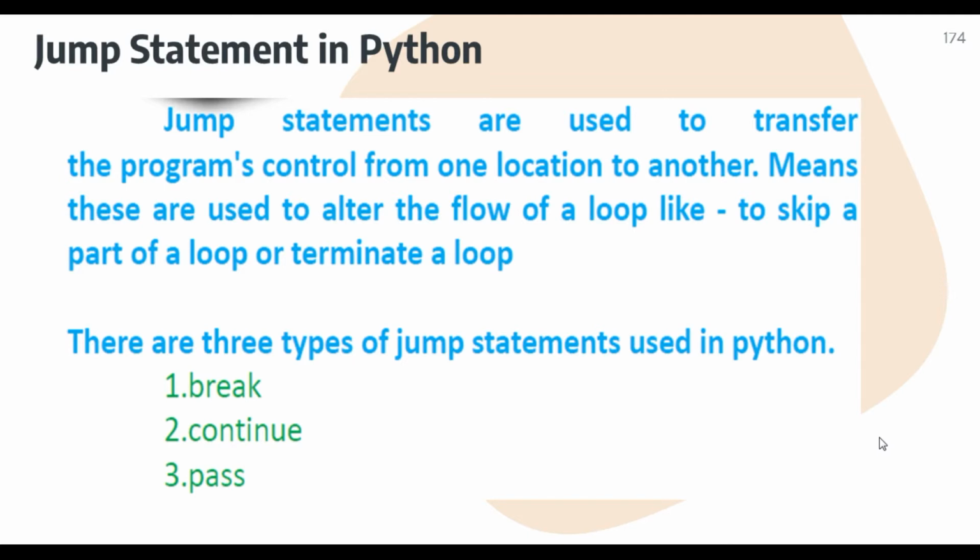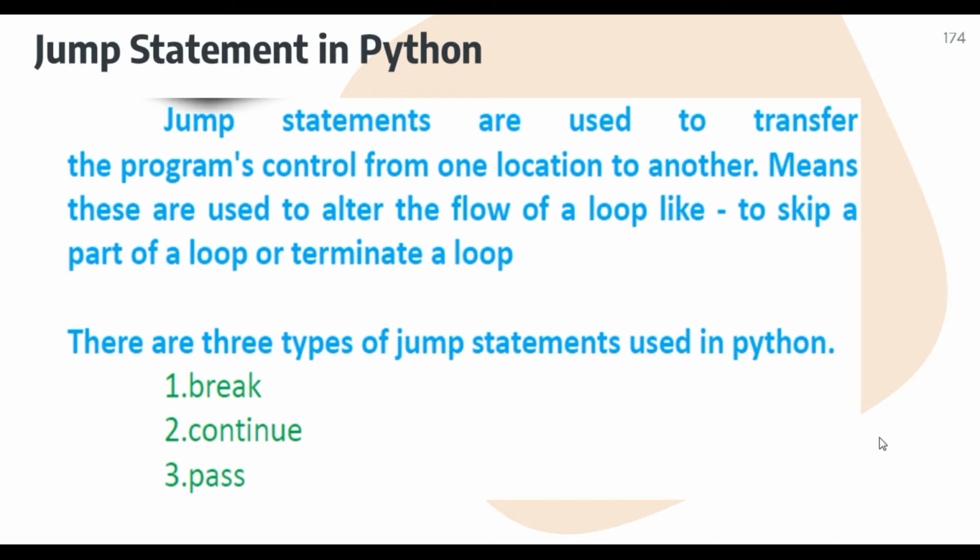But sometimes there are situations in which we do not need to execute all statements sequentially. At such times we have to change the flow of control using the jump statement, which allows us to jump from one location of the program to another location. Actually, the jump statement transfers the control of the program from one part to another part of the same program.